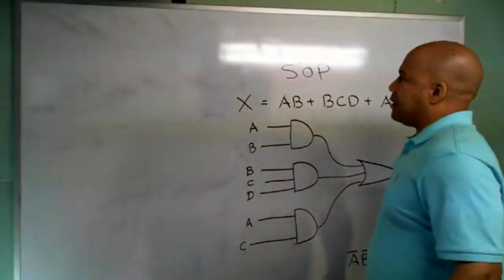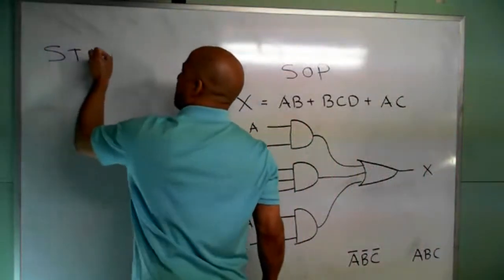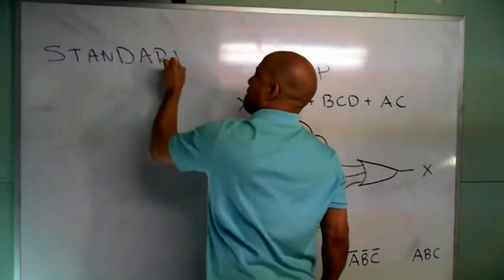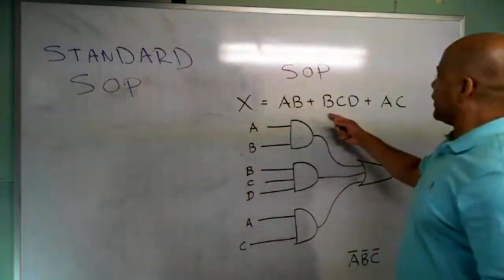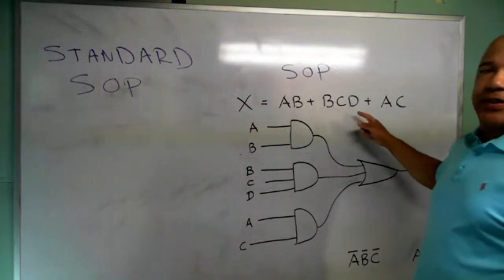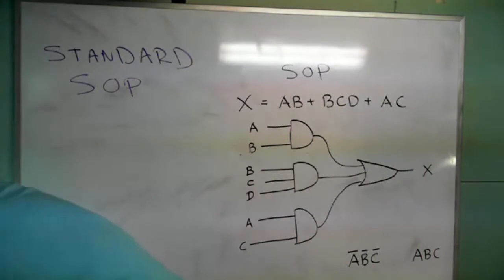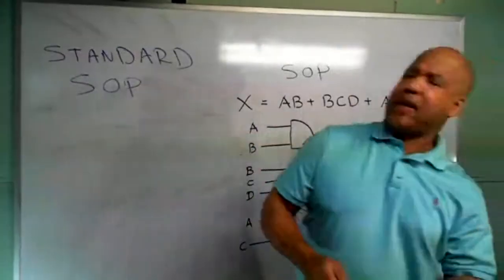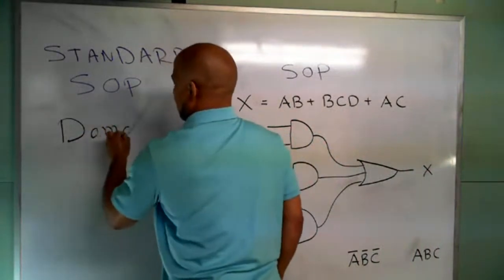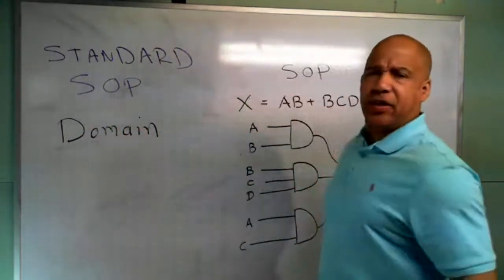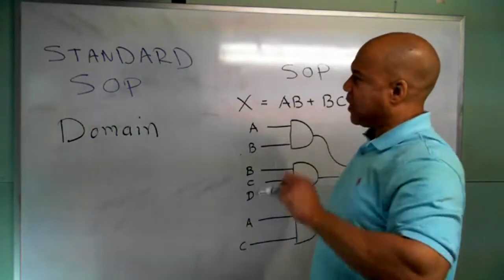All right, so now what's important here is a standard SOP. Here's an example of an SOP. This is a non-standard SOP. Now let me explain what I mean by that. One of the terms, which I don't think I had on there but may be on your sheet, is domain. So add that to your list of variables if I don't have it on the sheet. I don't have the sheet in front of me right now, so I might have left that off.